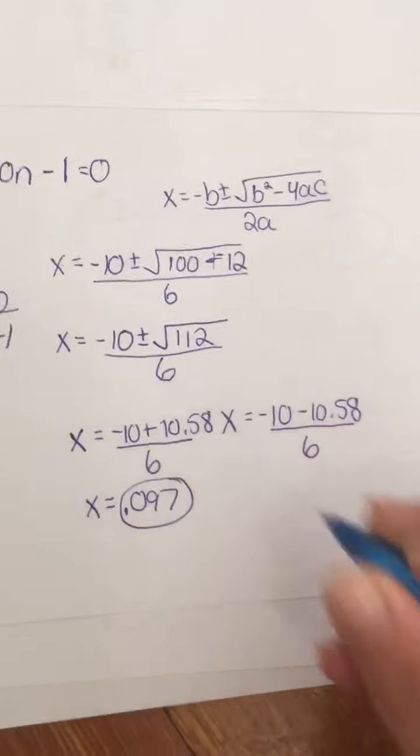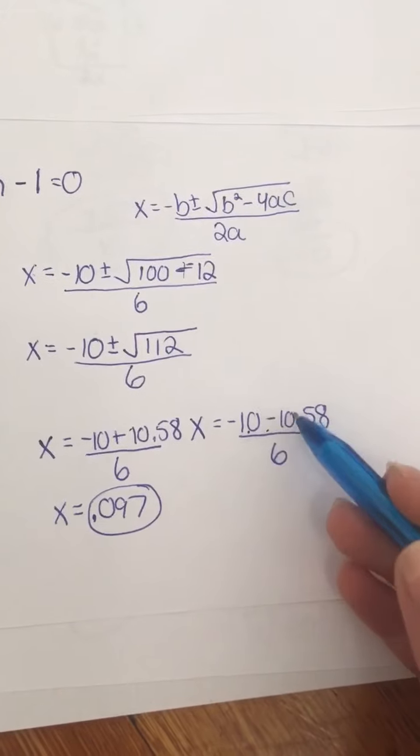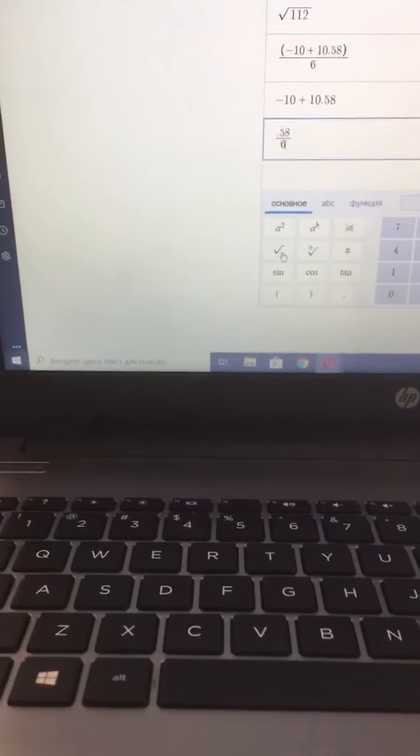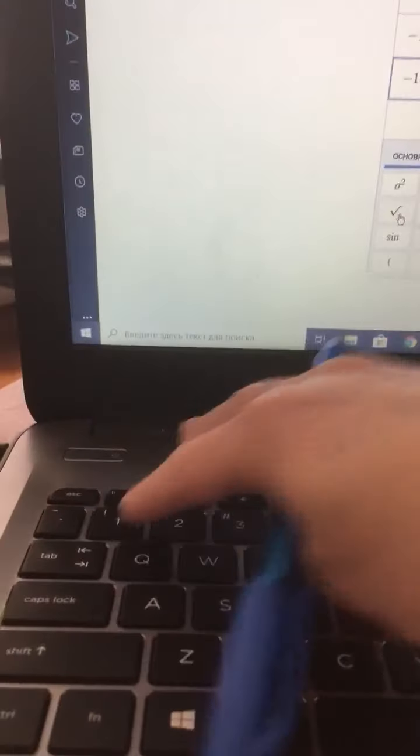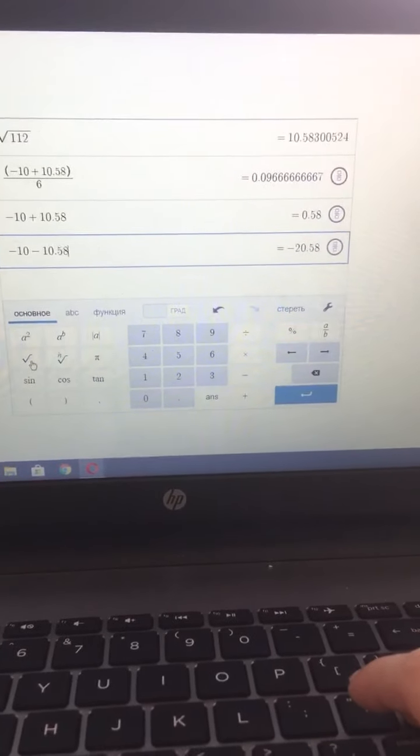And then we also have to go plug in this one. So negative 10 minus 10.58 over 6. So again, we have negative 10 minus 10.58. You can remember that number, negative 20.58.